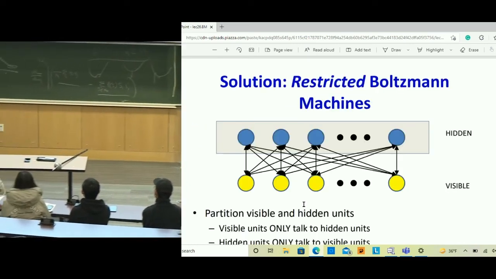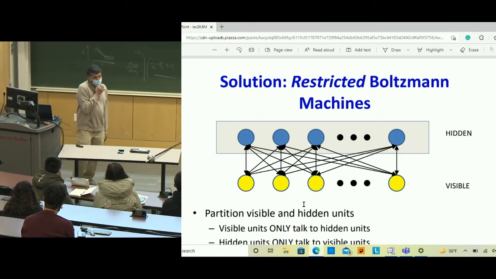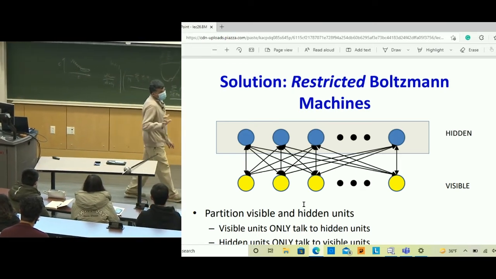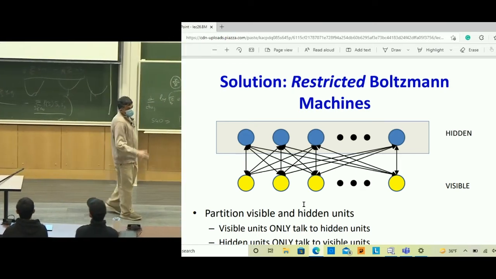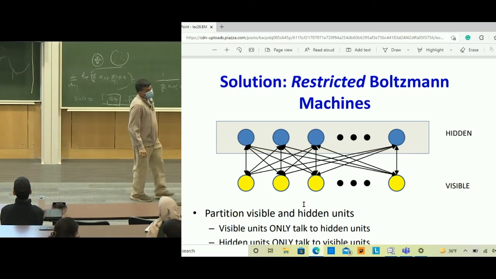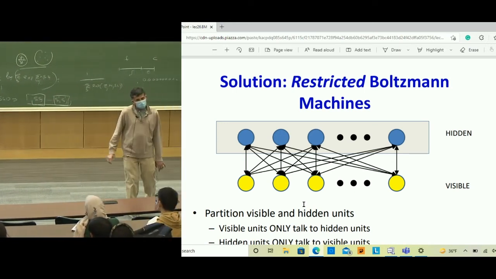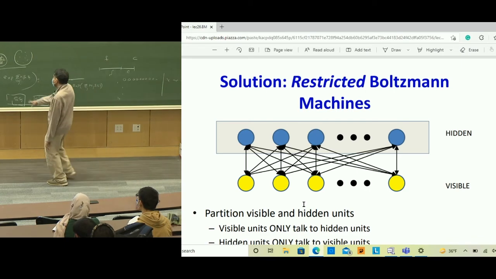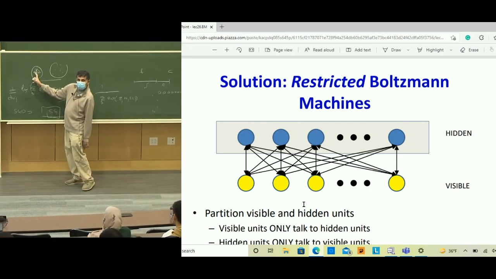There was a simpler version of it that people came up with called the restricted Boltzmann machine. And the restricted Boltzmann machine had just one very simple extension, in that within this set, the neurons were not connected to one another. Also within this set, the neurons were not connected to one another. The visible neurons connect only to the hidden neurons.